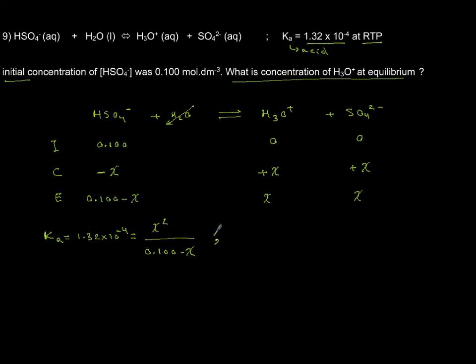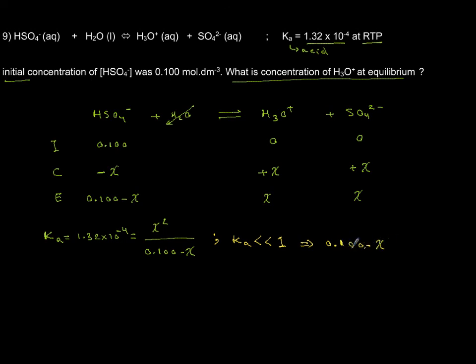Now here you have to write a statement of assumption, which is true. If the magnitude of Ka is 10 to the minus 3 or smaller than that, you can assume that Ka is so much smaller than 1 that anything added to X or subtracted from X is equal to that number.